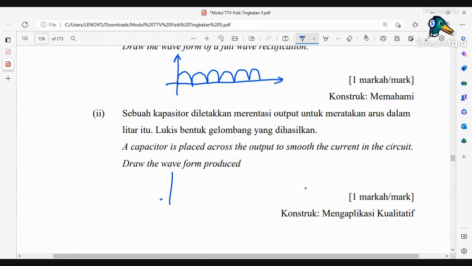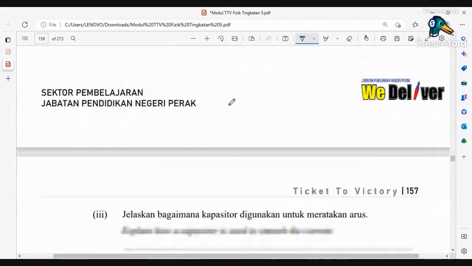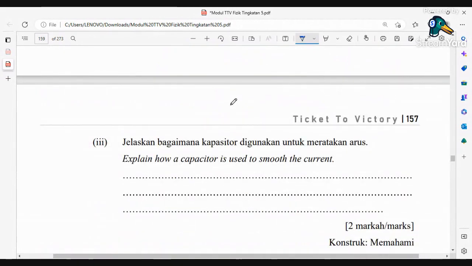So it will become smooth. So this is the output current when there is a capacitor.